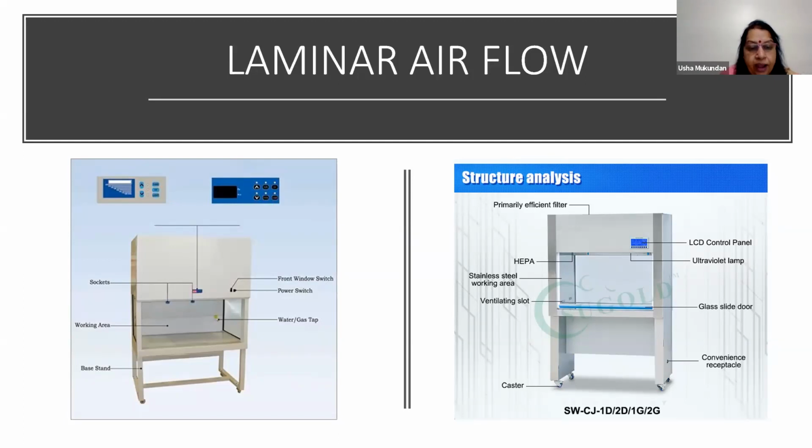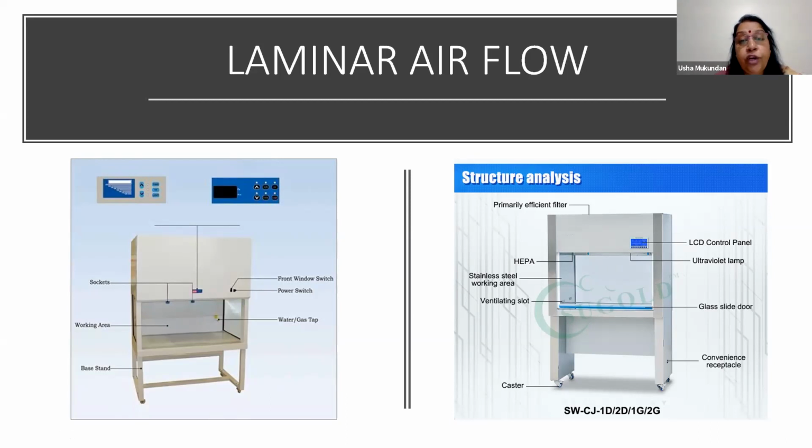So here what you have is pressurized air. Initially in the laminar airflow, there is a filter which will take care of dust, mites and larger particulate. Then that air passes through the HEPA filter, which will trap bacteria and other mold.